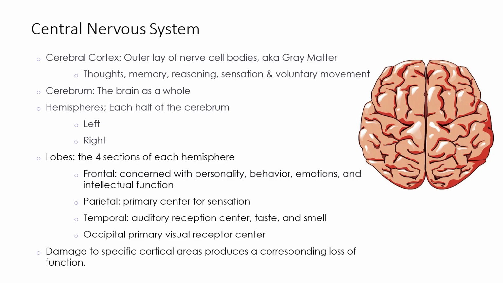And then the occipital is the visual receptor center. If we have damage to any of the specific areas that produce a corresponding sensory function, then you're going to have loss of that sense.